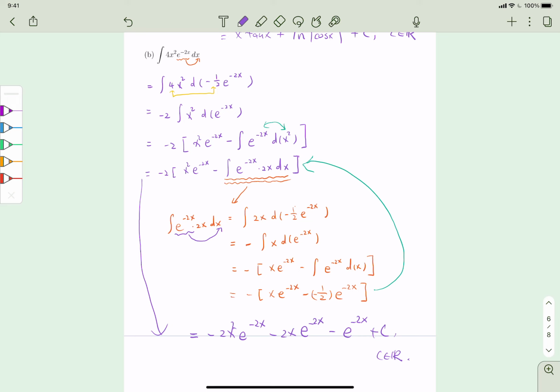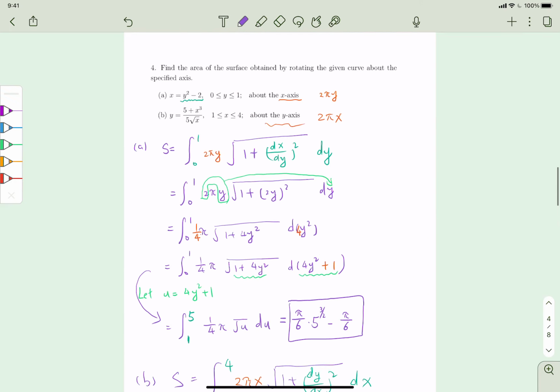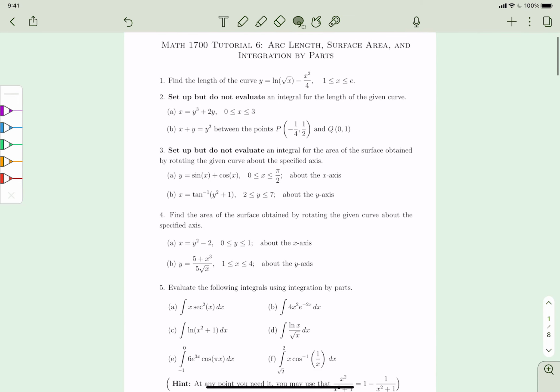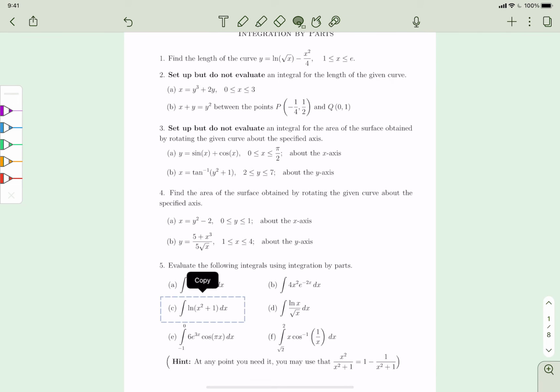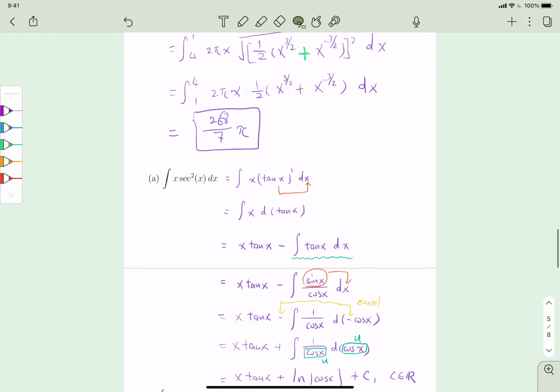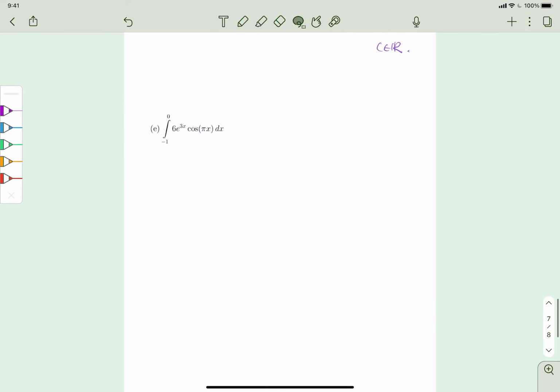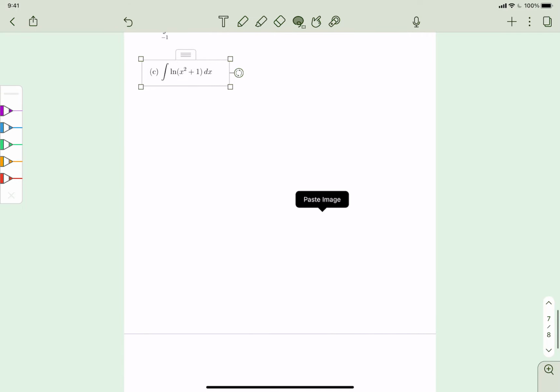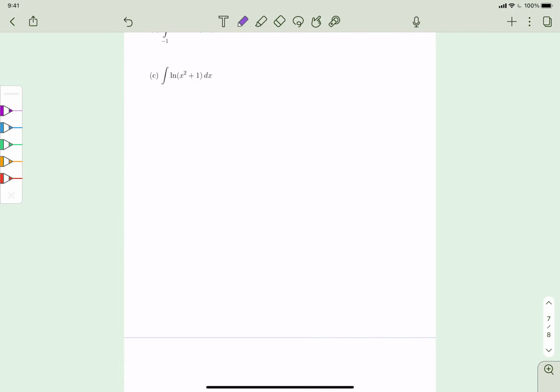Now maybe take a look at question C. Question C. We apply the integration by parts directly.